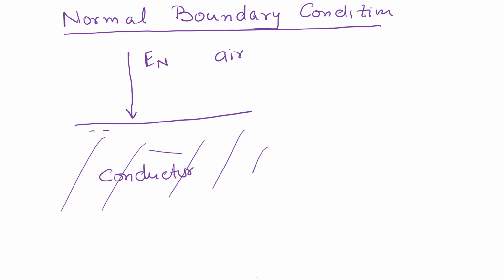So there must be electrons which are created on that surface, and that would be the surface charge density. The normal boundary condition describes how E normal and rho s are related to each other.